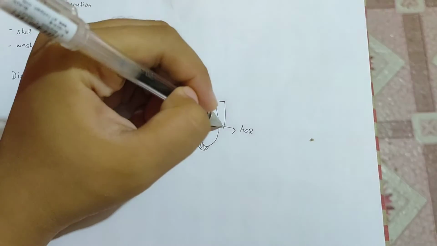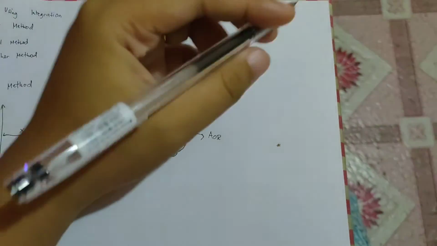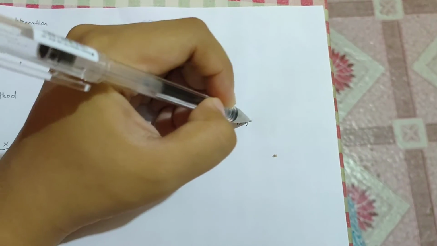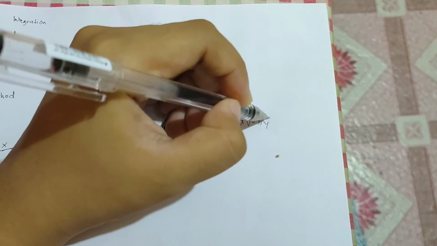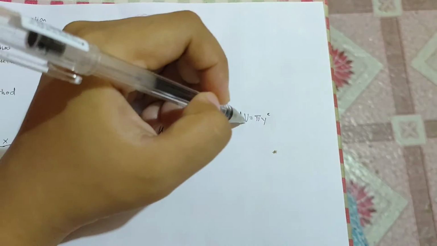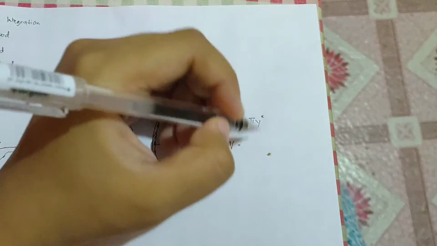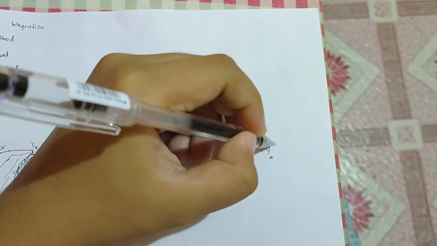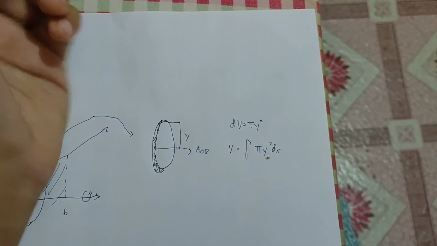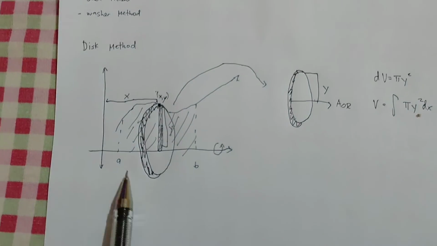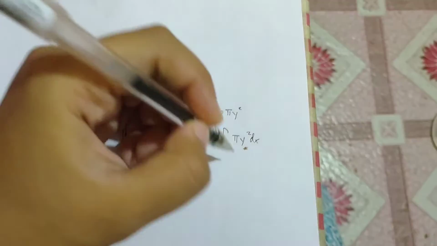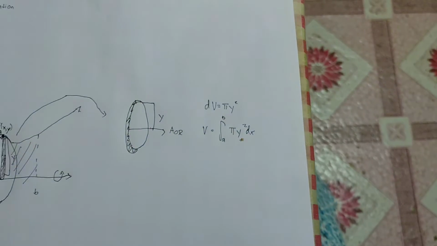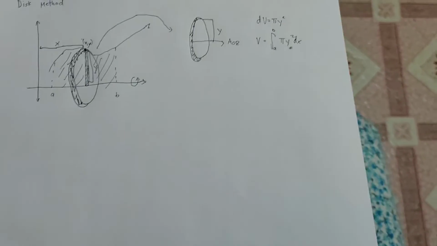This will be our y. dV equals pi y squared dx. The integral of pi y squared dx, and our limit is here from a to b.